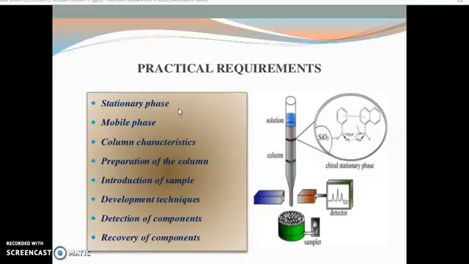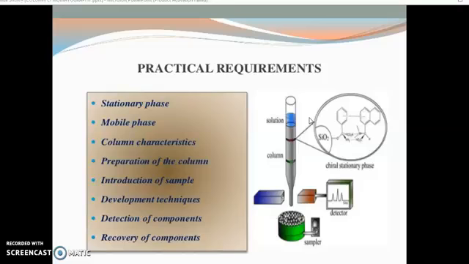Now, with this practical way and calculations, what do we need as practical requirements? First, we need a stationary phase, which we use on the inner side of the column. Then the mobile phase, whose selection depends on what type of compounds you are going to separate. Then the column characteristics: what type of column? Different types of columns are readily available in the market that we can use, and in these columns a fixed type of stationary phase is present on the inner side.